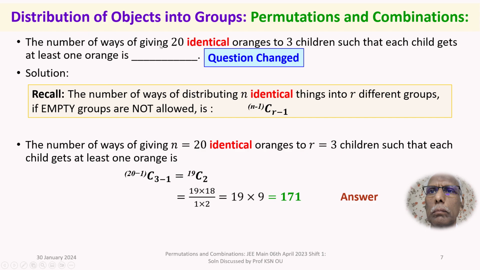If you change the 20 different oranges to 20 identical, indistinguishable oranges, then the answer is 171. But for the given question, the answer was the big number. If you change the question like this, you will get 171.